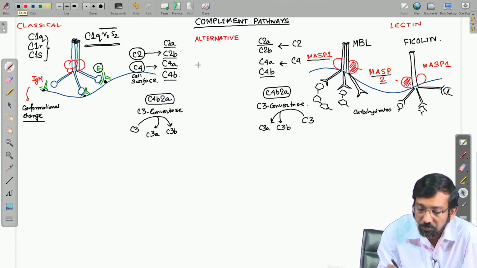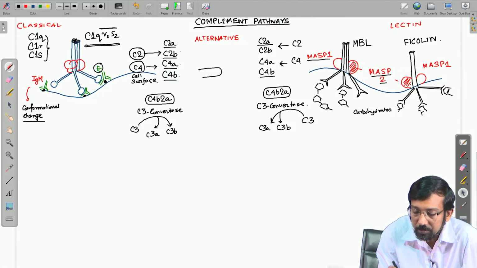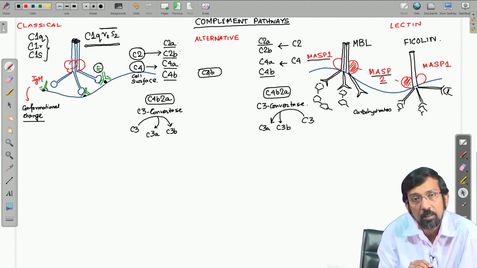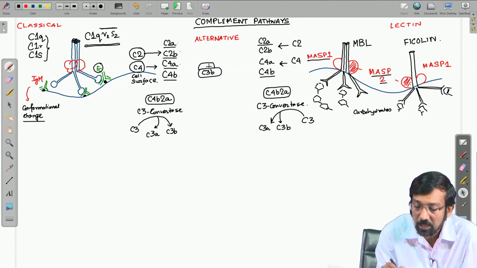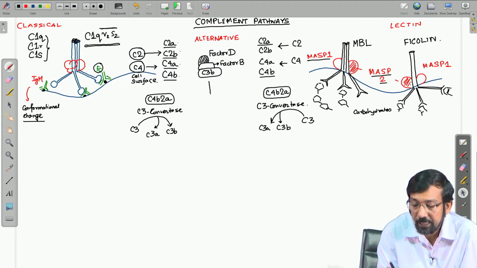So, you have, let us say, the C3b, the broken product of C3. Along with that, you have another factor which we call the factor B, and with the help of a third complement protein, also known as factor D, it cleaves the factor B into Bb.